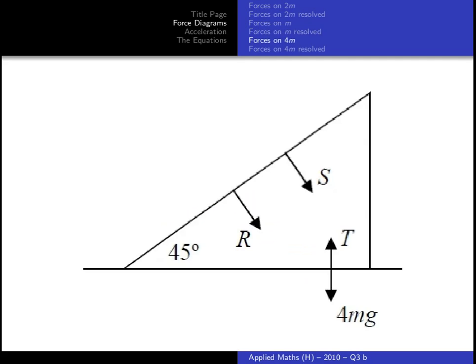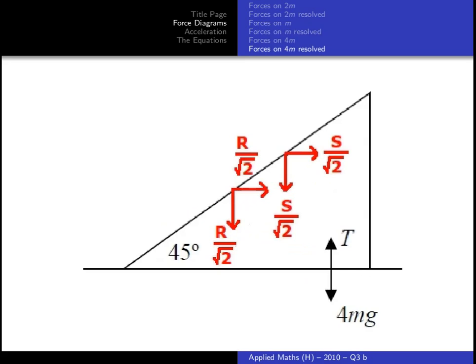So we have R cos 45 and R sin 45, S cos 45 and S sin 45. And the T and the 4mg is not very important for this problem. So there's three resolved diagrams that we'll need for this: the 2m, the m and the 4m.